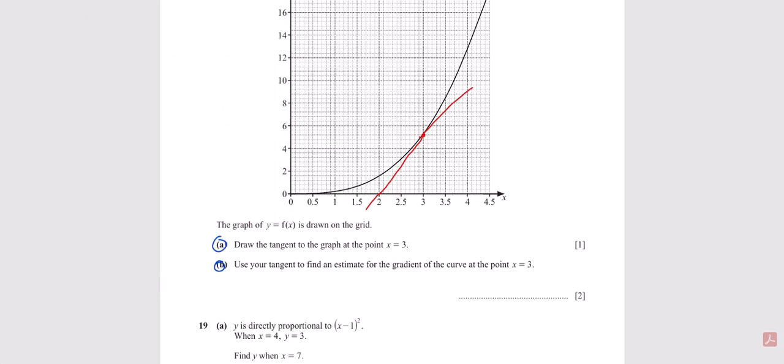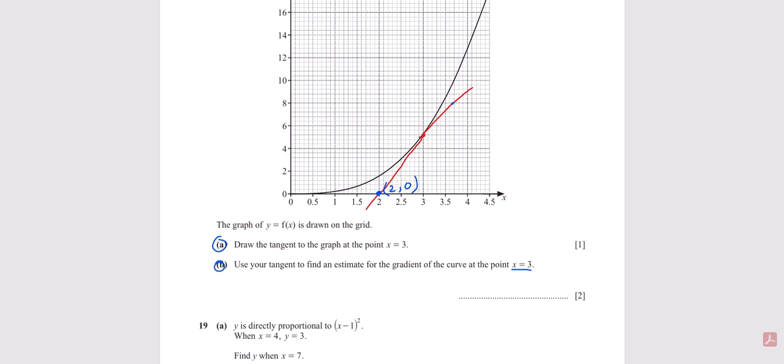Part B. Use your tangent to find the estimate for the gradient of the curve at the point 3. So the remaining point for the gradient is this point 2 and 0, and here we take any point. Let's say that we take this point.